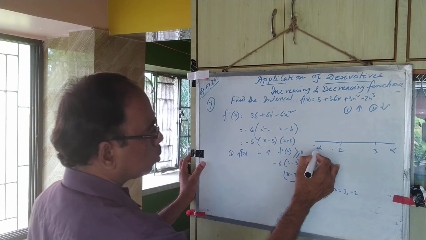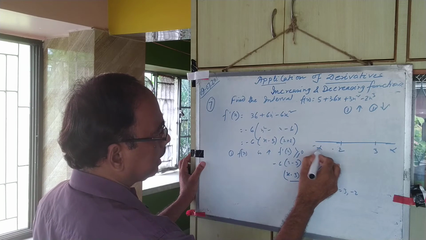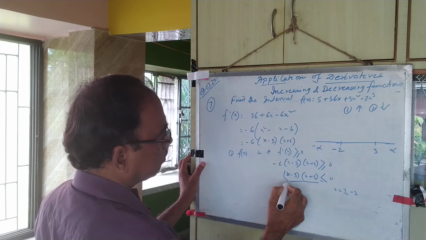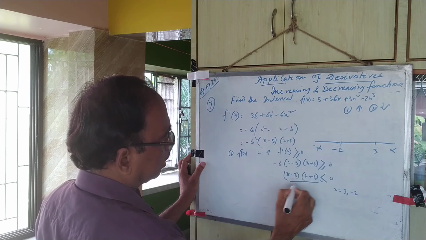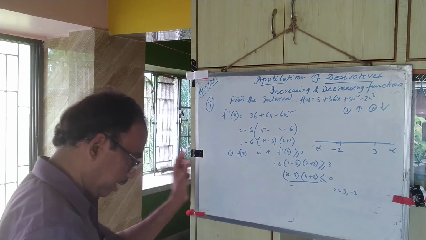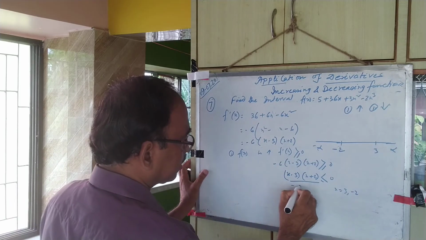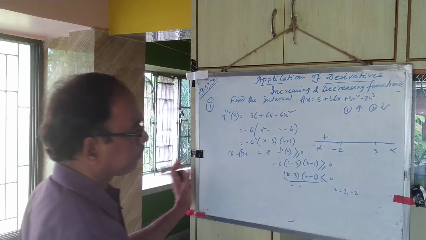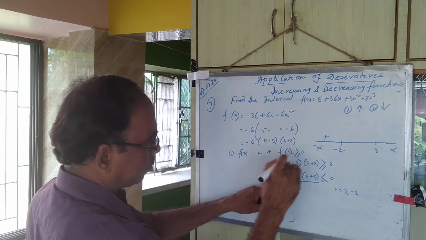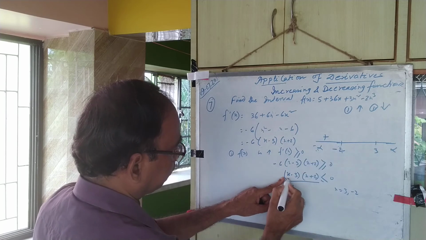From minus infinity to minus 2, suppose we take minus 4. Then let us check with the value minus 4.